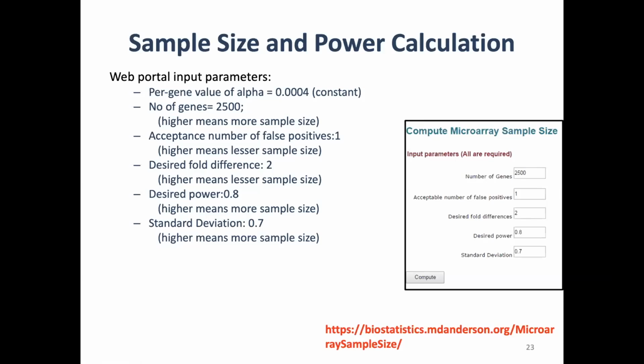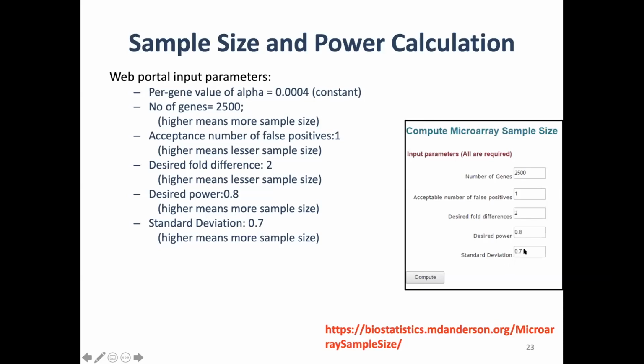And fold change differences: if you are looking for a higher than twofold change, capturing bigger differences, then you can go with a smaller sample size for the same power. And desired power, again, is 80%, the 0.8.